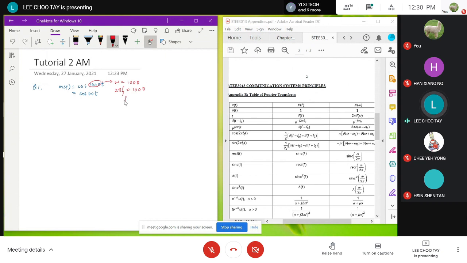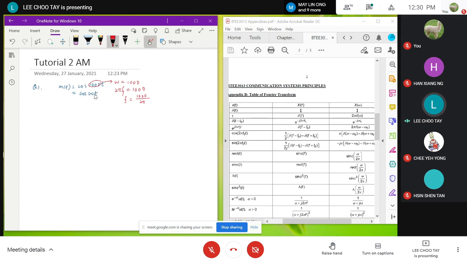So if you want to draw the spectrum in linear frequency f, you need to convert omega into f, which is 1000 over 2 pi. In this example, because this is already in omega, I'm going to straight away use the omega domain.